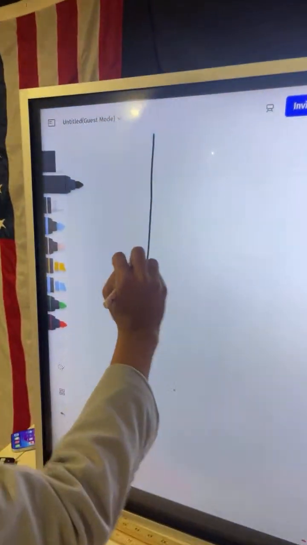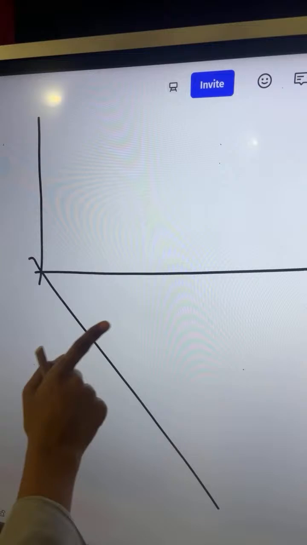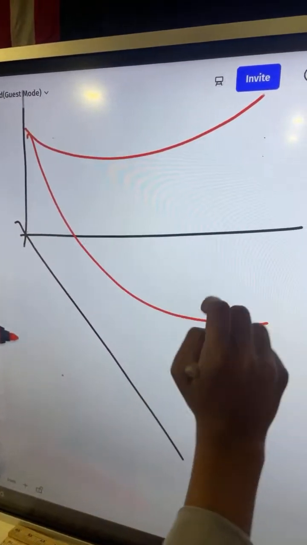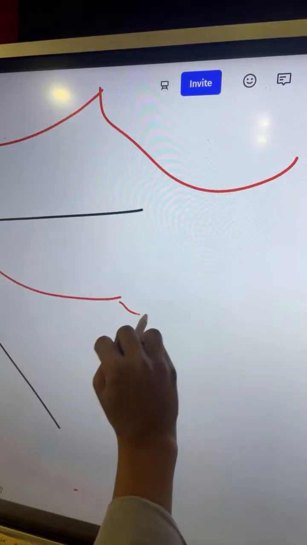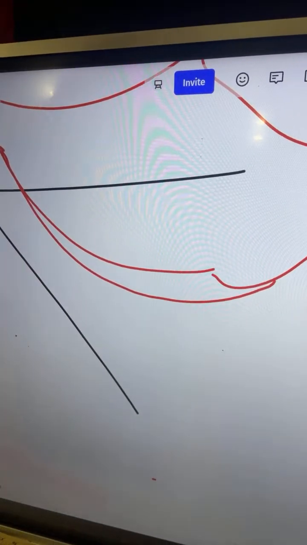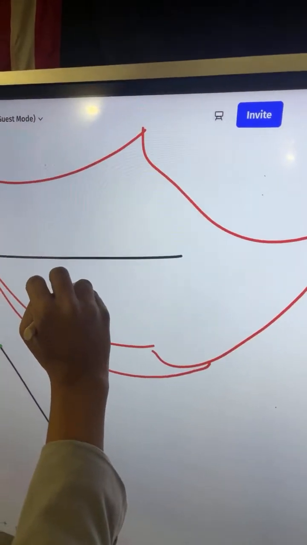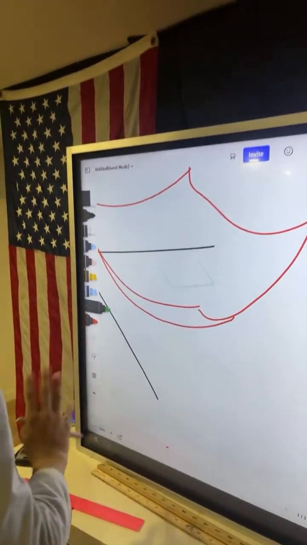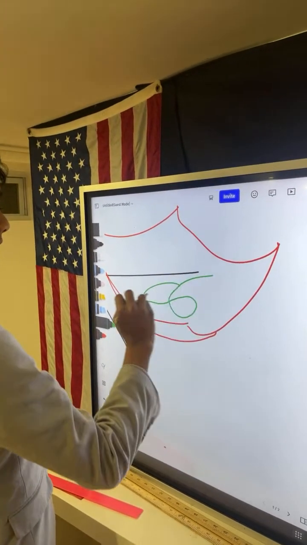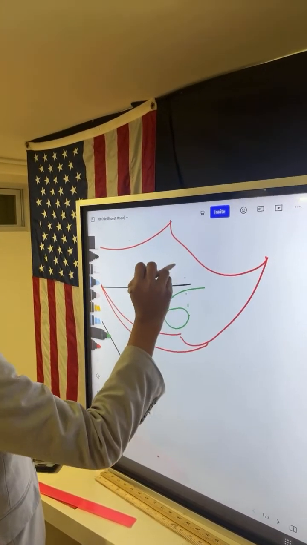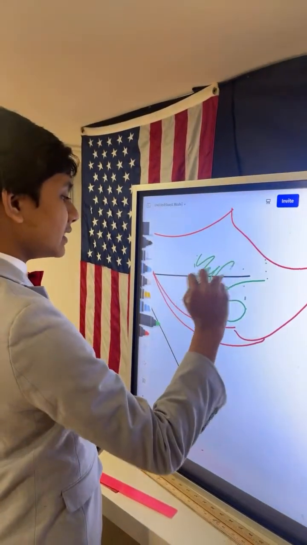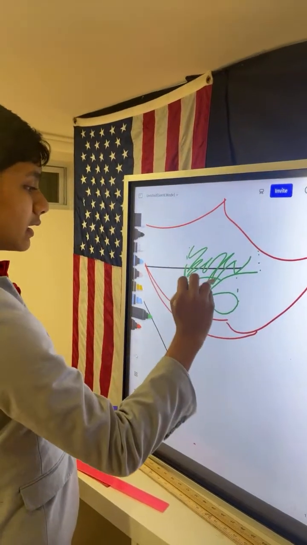A line integral, also known as a contour integral, is essentially when you parametrize a line or a curve, and then you project that onto the surface and ask, what's the area between this curve and the surface?